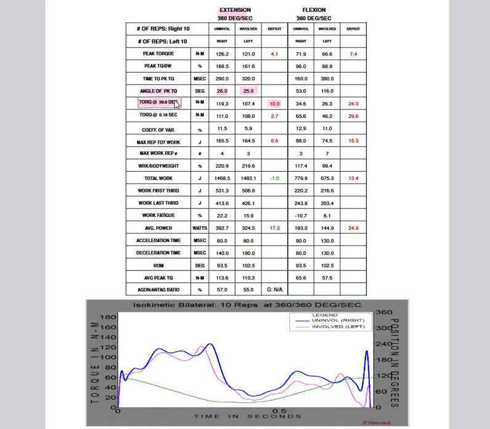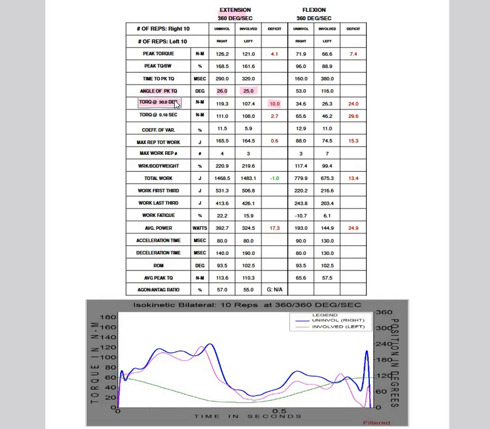Angle of peak torque is very much dependent on the speed of the test, or sorry, I should say the angular velocity of the test. So whilst you might read slight variations from this to give you some normalized values in terms of extensor torque, at 60 degrees per second, so the slower test, the angle of peak torque is around about the 54-55 degree mark.